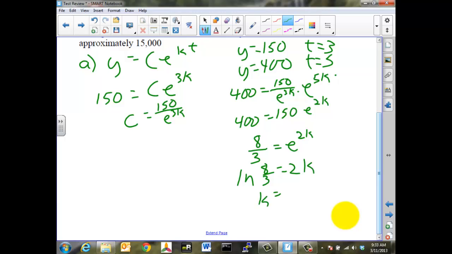So k is ln of 8/3 divided by 2. And if we go over there to figure out what C is now, we could get an ugly number for it too. Okay, so just leave it how it is. I'm going to put that number in there in just a moment.